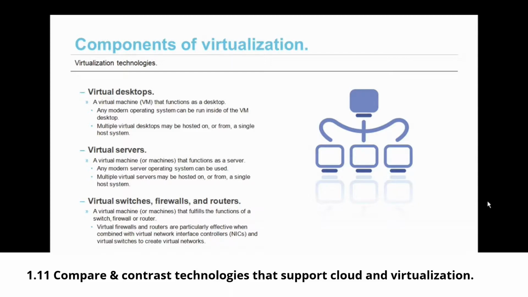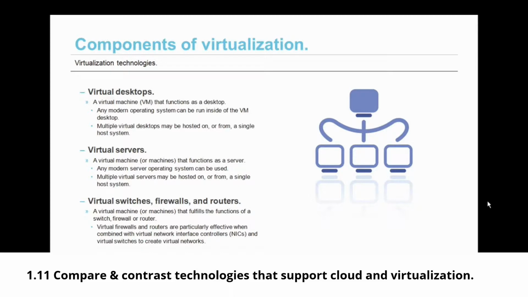Multiple virtual desktops may be hosted on or from a single host system. Then there are virtual servers, which, surprisingly, is a virtual machine that functions as a server. Any modern server operating system can be used in a virtual server environment. Multiple virtual servers may be hosted on or from a single host.